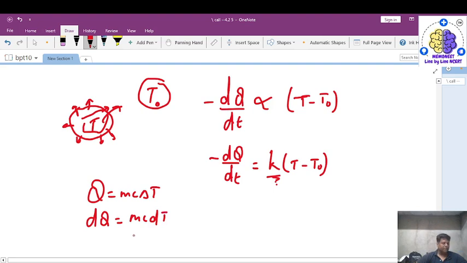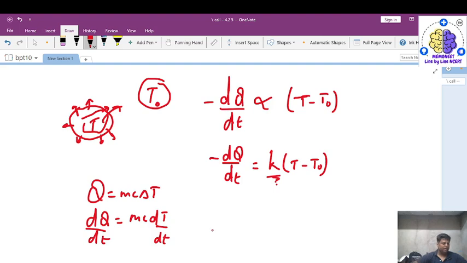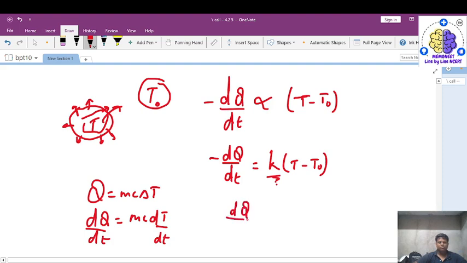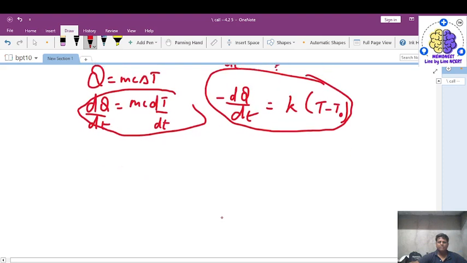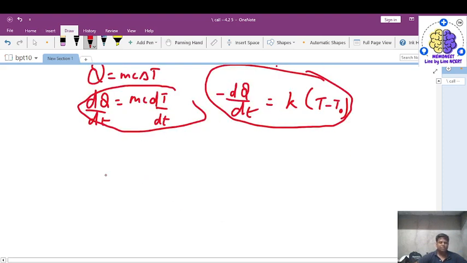Dividing both sides by dt, and using dq by dt equals minus k into (t minus t naught), we get mc dT by dt equals minus k (t minus t naught).